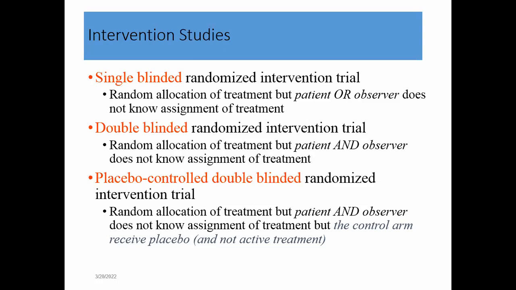Then also the placebo-controlled, double-blinded, randomized intervention trial. Here, there is random allocation of treatment, but the patient and observer do not know the assignment of treatment, and the control arm receives a placebo and not the active treatment.